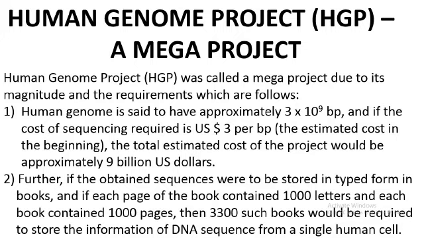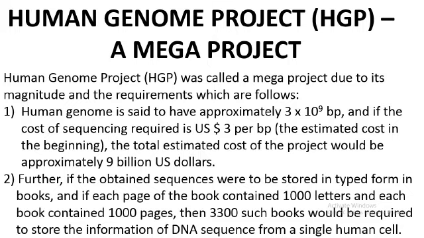Second important reason is, when we estimated the project and if the project would have been successful, and when we get the information, the books required: if each page of a book contained 1,000 letters and each book contained 1,000 pages, nearly 3,300 books were required to store information of DNA sequence from a single human cell.